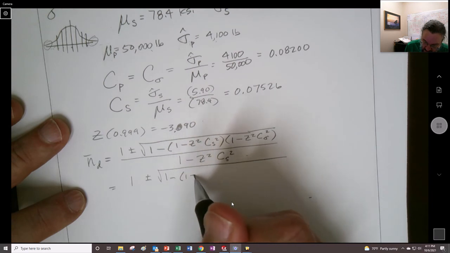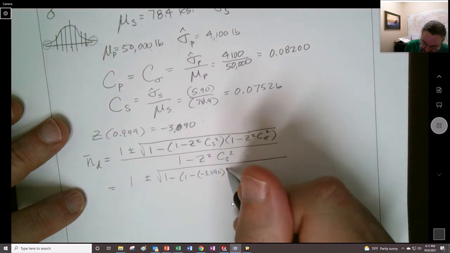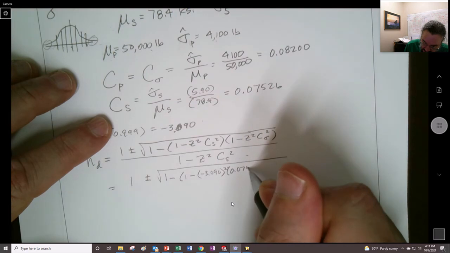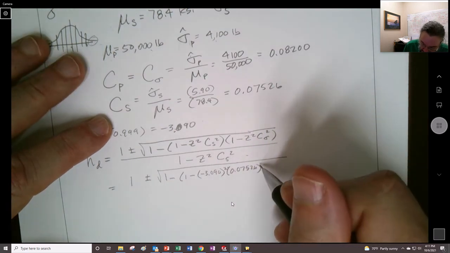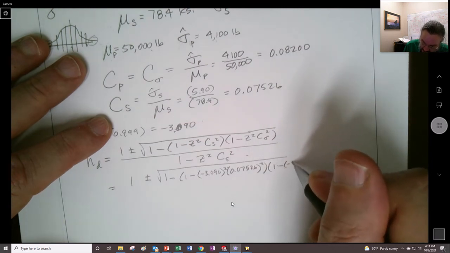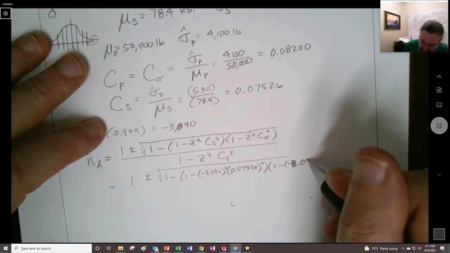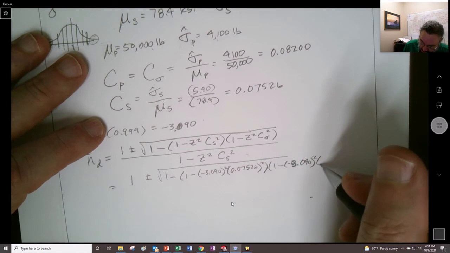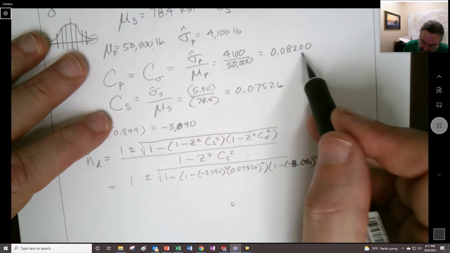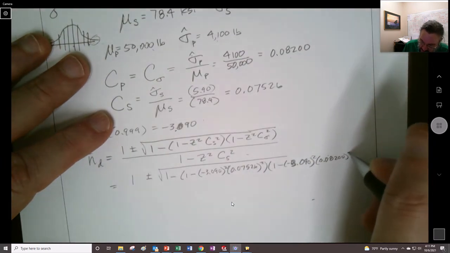1 minus, and then take the negative 3.090 and square it and multiply it by Cs 0.07526 squared, another bracket, 1 minus negative 3.090 squared, and then so now it's going to be this guy, right? 0.8200 squared.